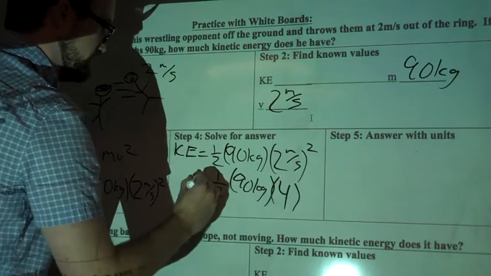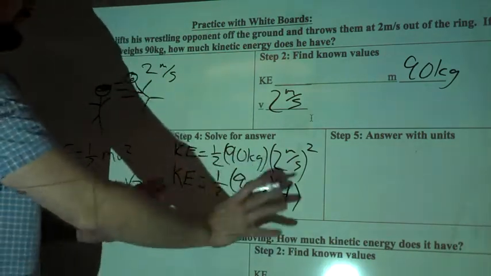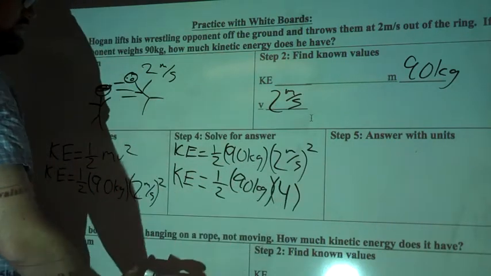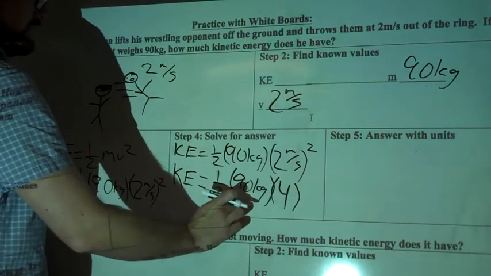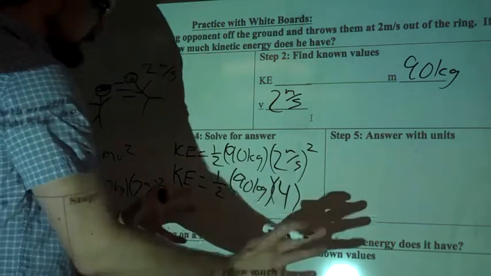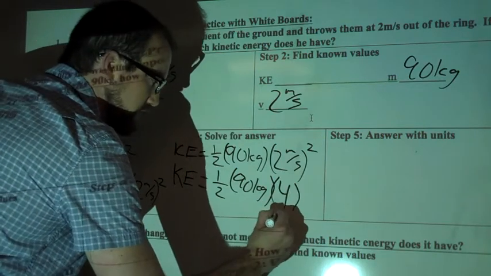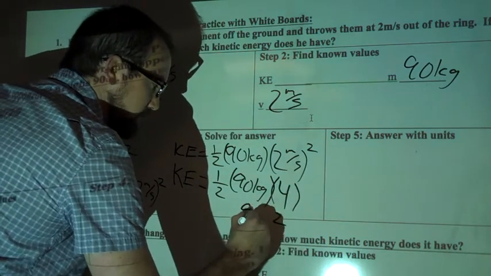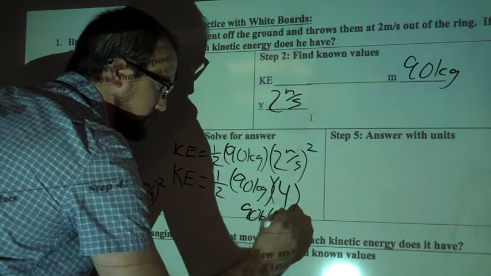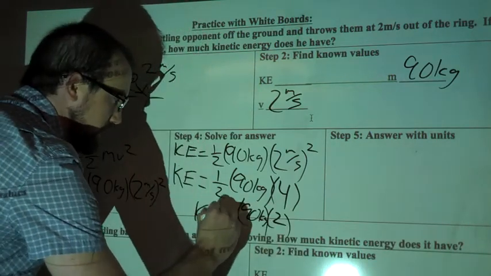Now, since this is all multiplication, and there's nothing I specifically have to do before or after, I can apply this 1/2 to either 90 or 4, whatever I'm most comfortable with. So I'm going to use it with 4, because that's the easiest thing for me. So 1/2 times 4 is going to give me 2, and so then I'll have 90 kilograms times 2, and that will equal KE.